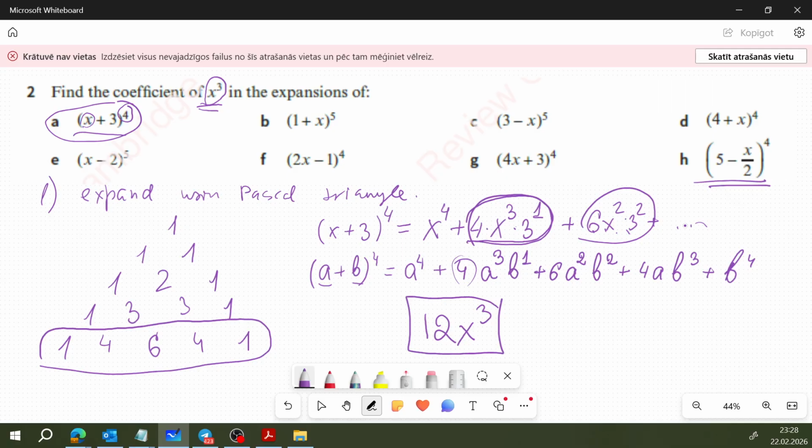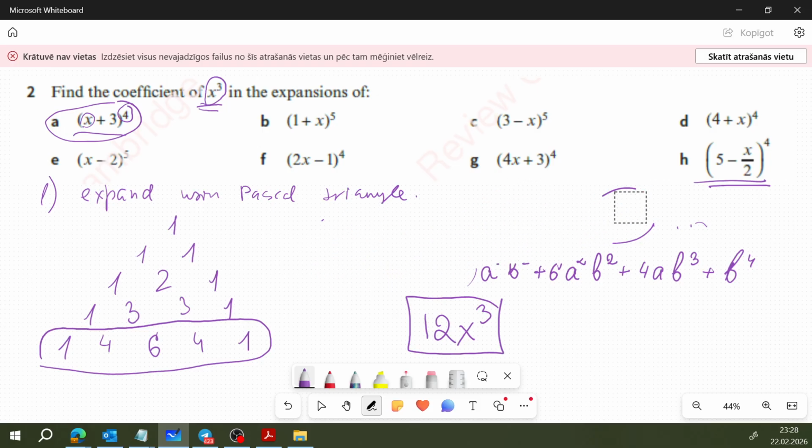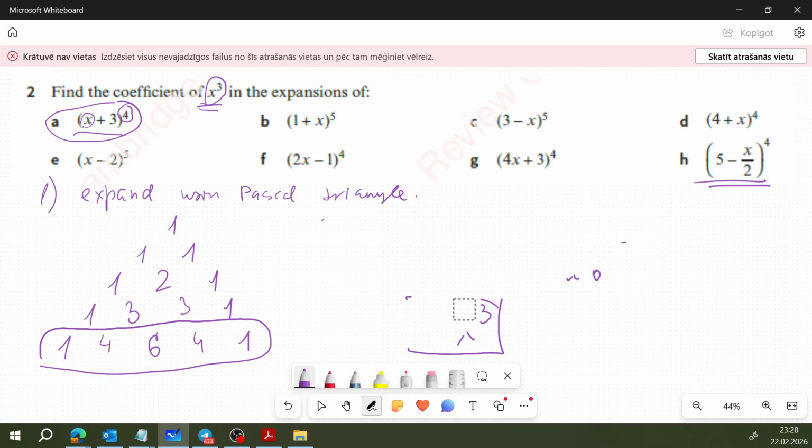In order to do this, we have to delete what we have here, but I shall not delete the Pascal triangle, because the Pascal triangle also has the power of 4 and level 4, and here is also level 4.